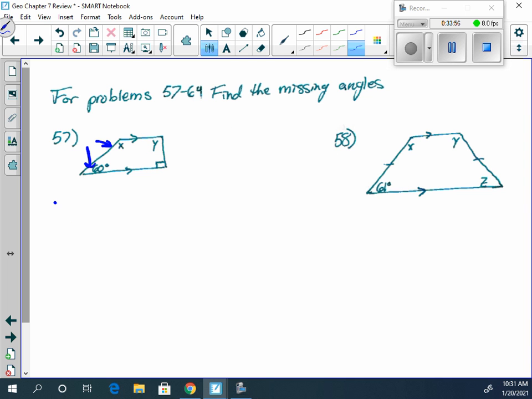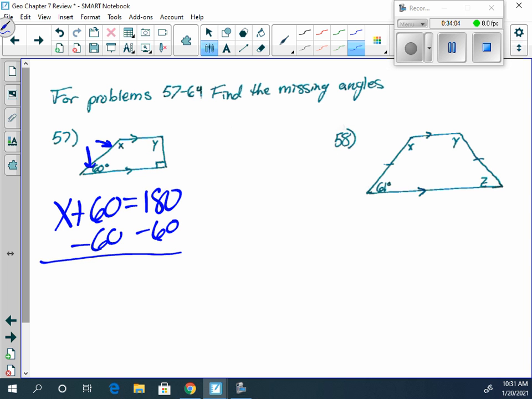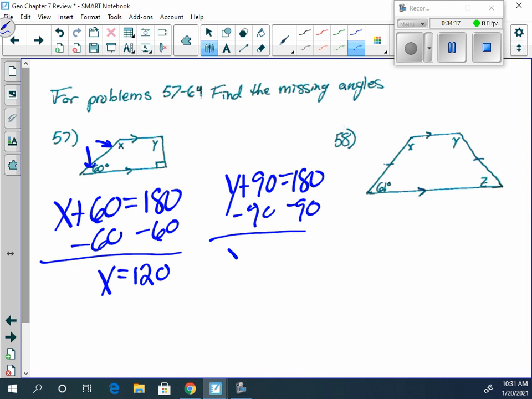So if I want to find the value of x, well, x plus 60 is 180. I can subtract 60 from both sides, and I see that x is 120. Well, we can do the same thing for y, because here it would be y plus 90 is equal to 180, and if I subtract 90 from both sides, we see that y is equal to 90.